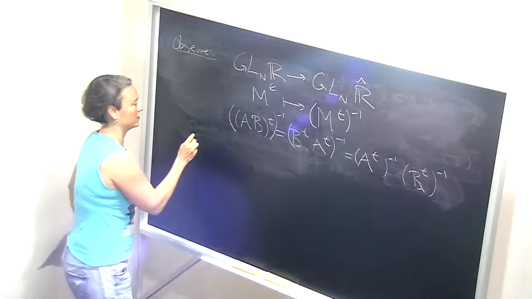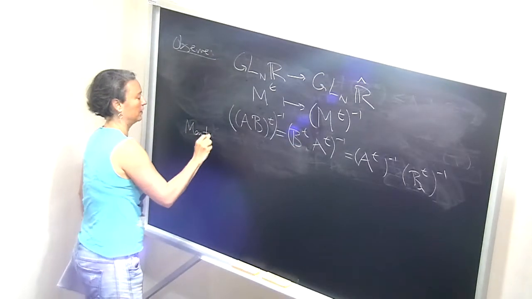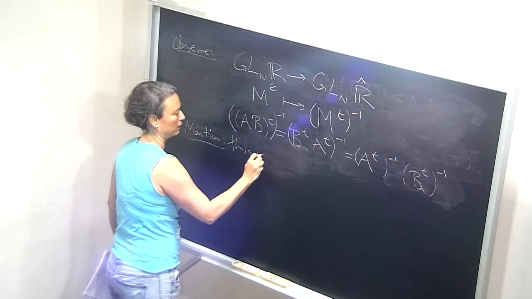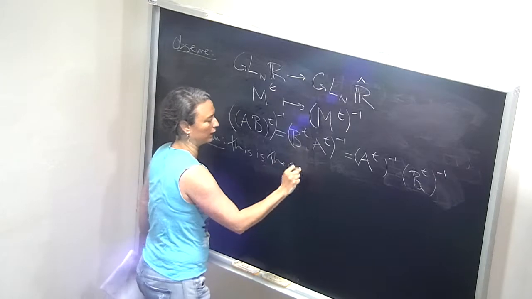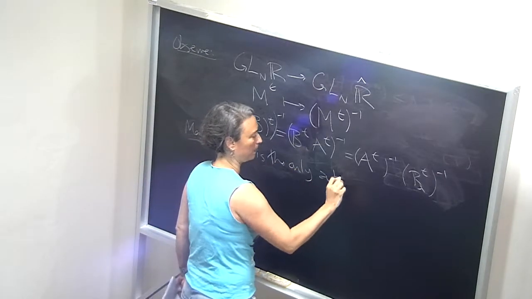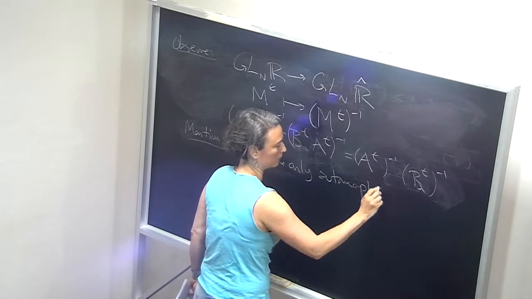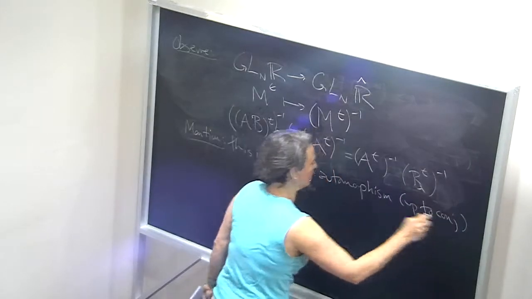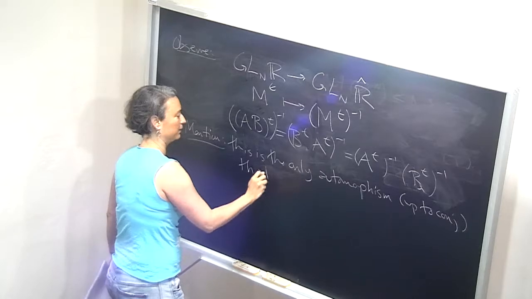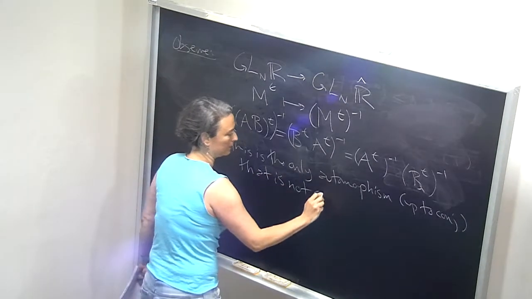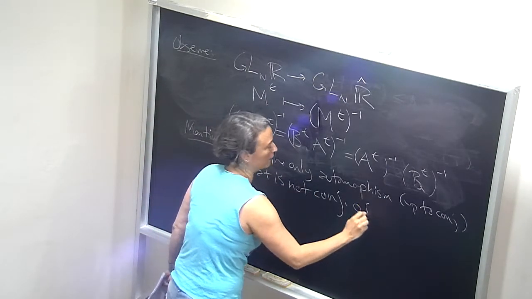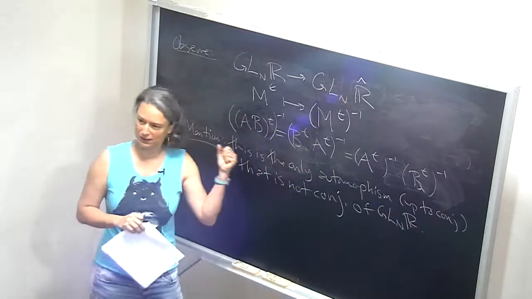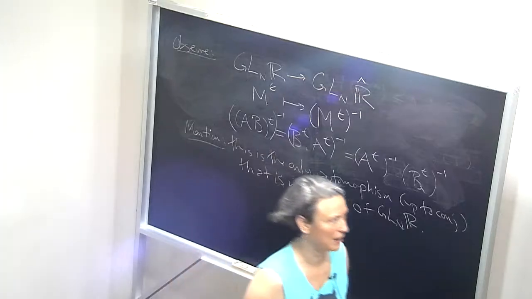And also, I just want to mention that this is the only automorphism, up to conjugation, that is not conjugation of GL_n(R). Okay, so inverse transpose is an important map, but is it the map that we want here?